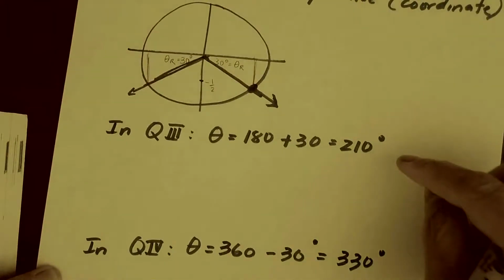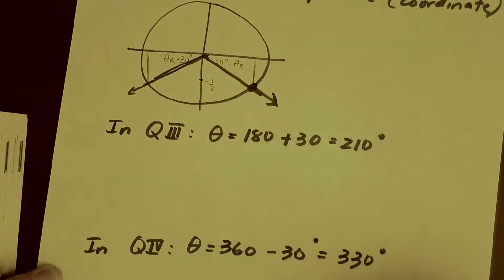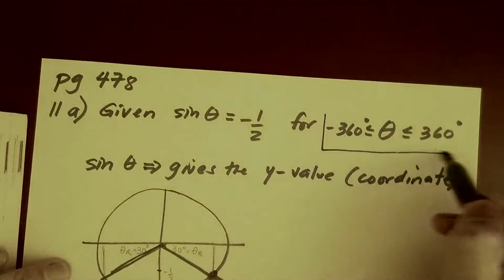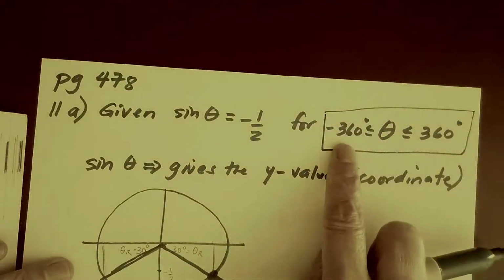So as you can see, 210 and 330 degrees are within the domain. This is the domain, negative 360 to positive 360.